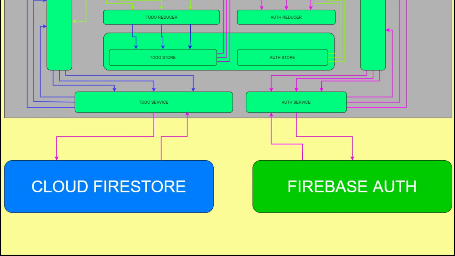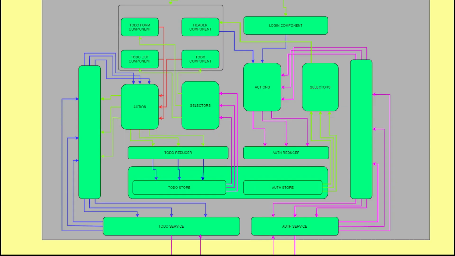The service will pass this to the effect, and the effect then dispatches another action saying the user is authenticated and here is his credential. The reducer will take this information, compute the new state and save it to the store.